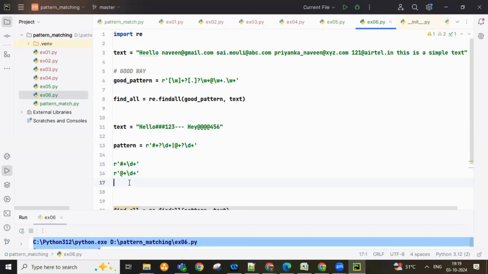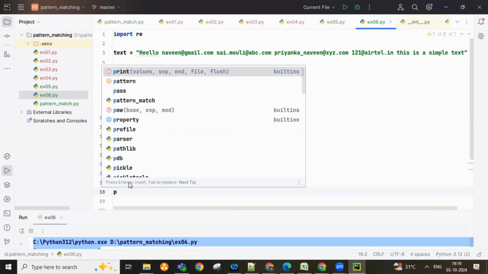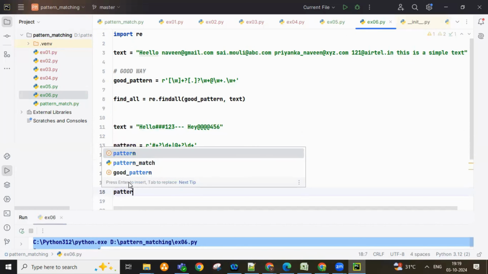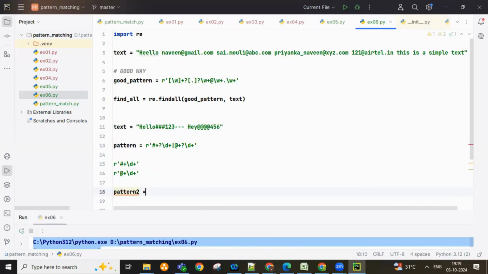You can also write, see, pattern 2 equal to. So how can this be done? I think you can write directly like this also. Pattern 2 equal to, you should write like this.